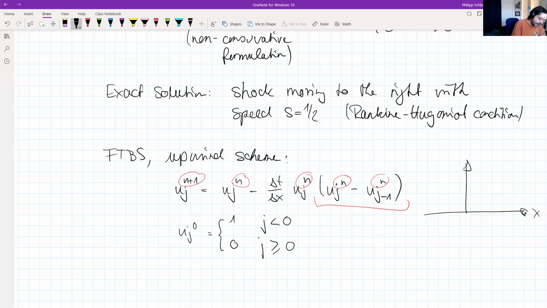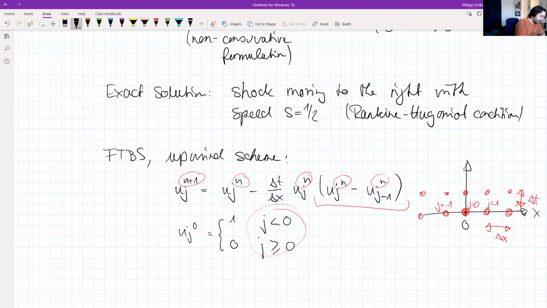If this is x, and here is x being 0, then I have my grid points located like this, and also in time. This distance is delta x, this distance is delta t. I would call this index j being 0, this is j equals 1 and so on, and this would be j being minus 1. That explains why I discretize my initial condition in this way.